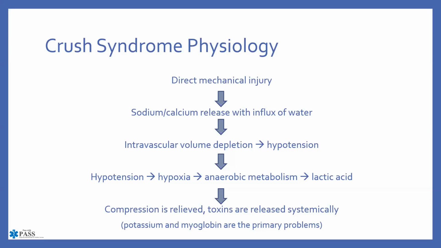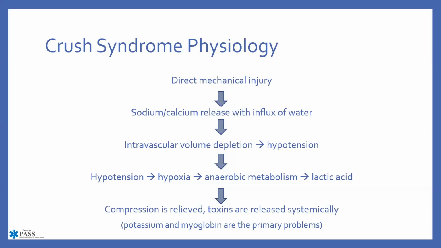The inside of the cells are empty, or they're starting to become depleted, so the patient will become hypotensive from that. And then it becomes a cyclical thing. Once they are hypotensive, they become hypoxic, they don't have the cardiac output, so they turn to an anaerobic metabolism, and that is where we get our lactic and pyruvic acid buildup.